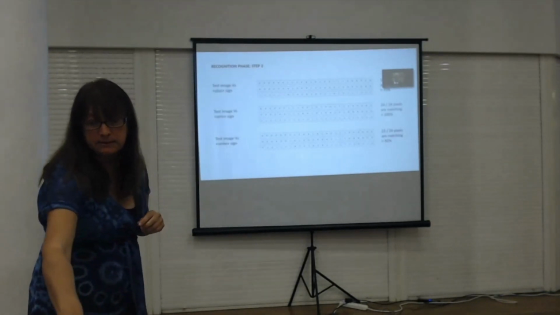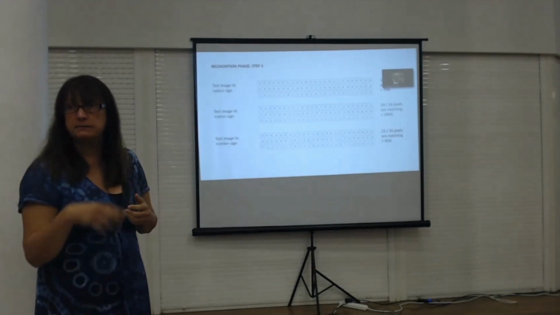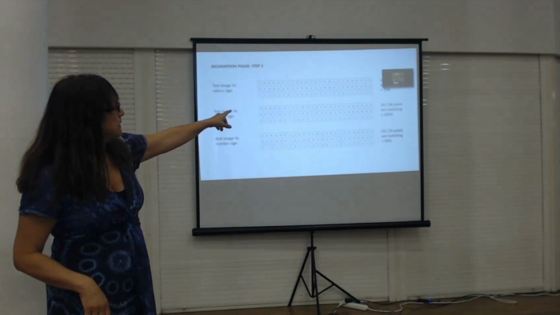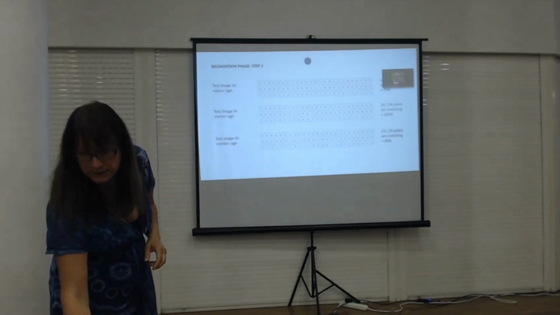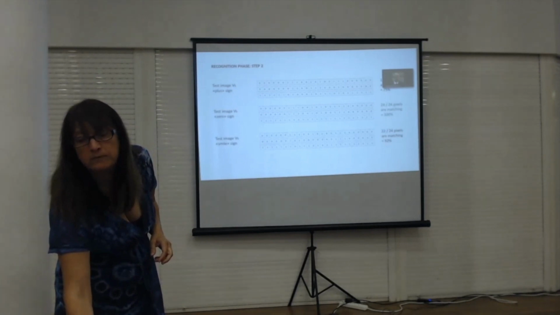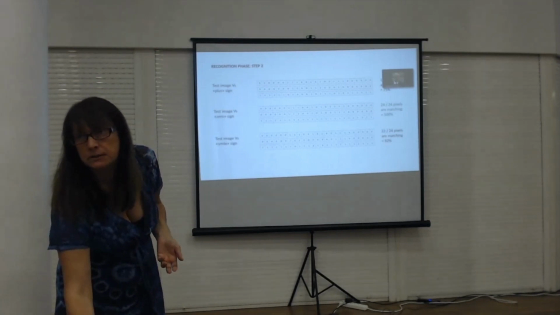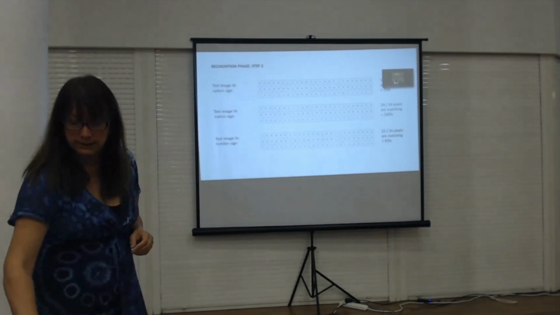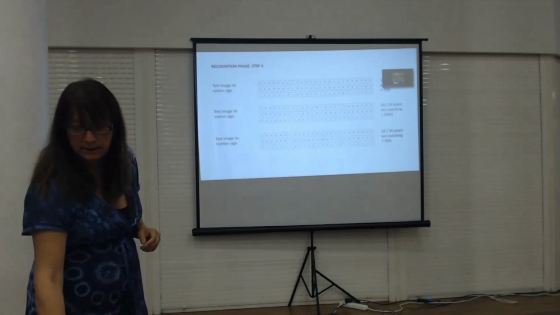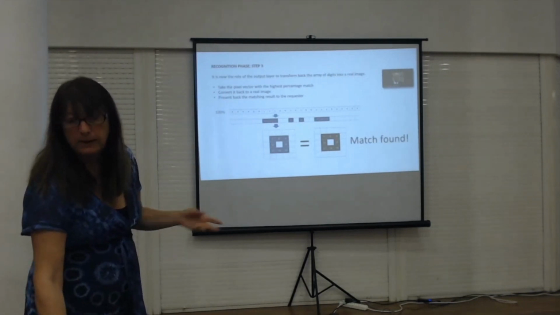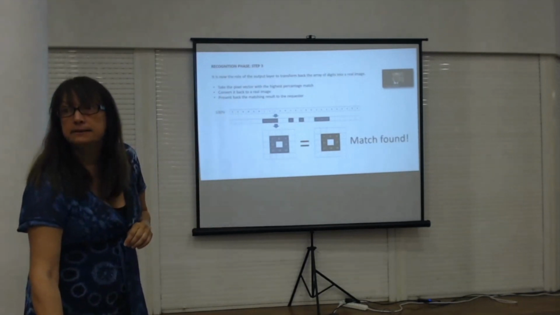The hidden layer will compare the strings, and according to the percentage you see here, we find the matching image. And once we have found the match, the output layer will rebuild the image.